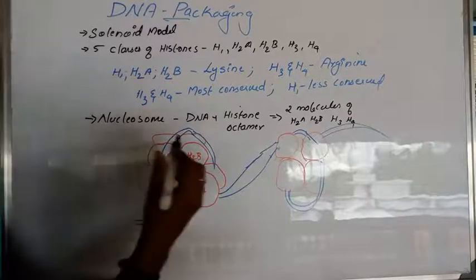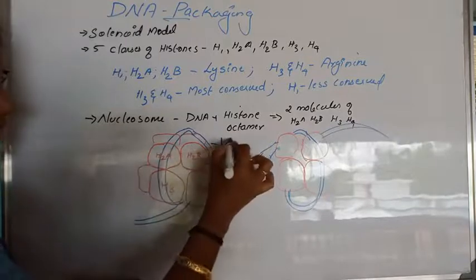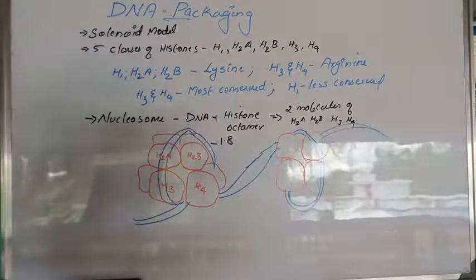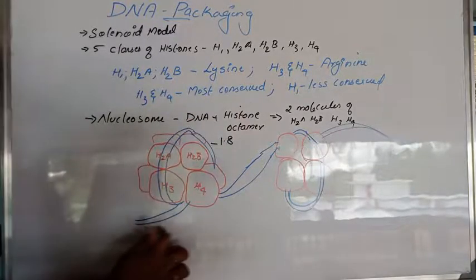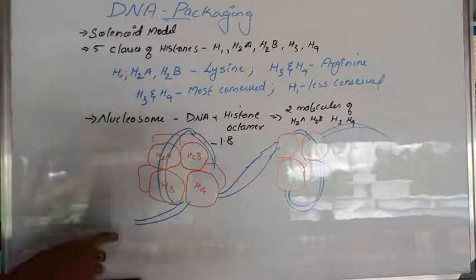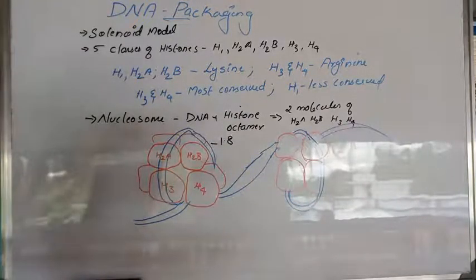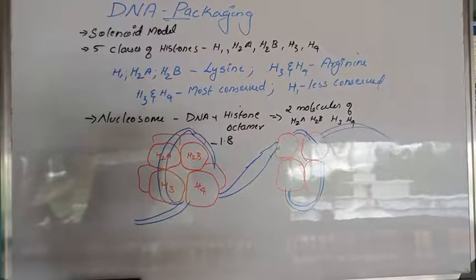The length of this twisting around the octamer takes 1.8 left-handed turns. It is not a complete 2 turns, but 1 complete turn and 0.8. DNA length is shortened about 7-fold by winding around the nucleosome.